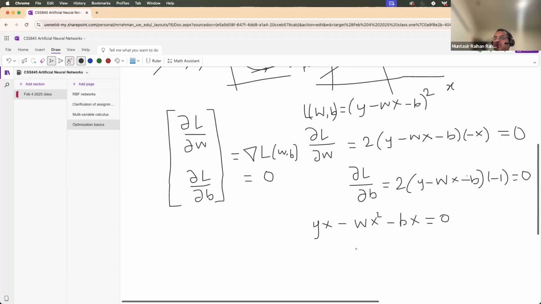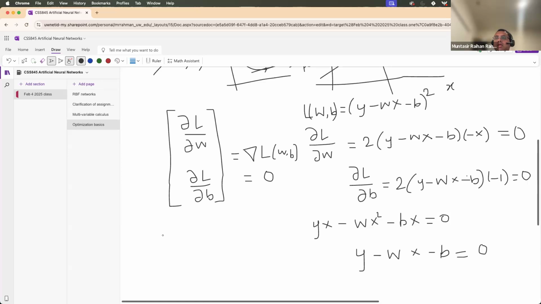And in the second case, you have the equation y minus wx minus b equal to 0.